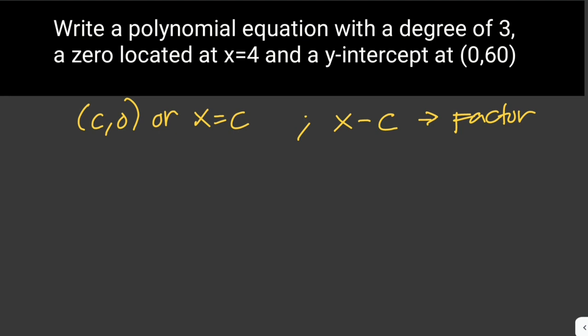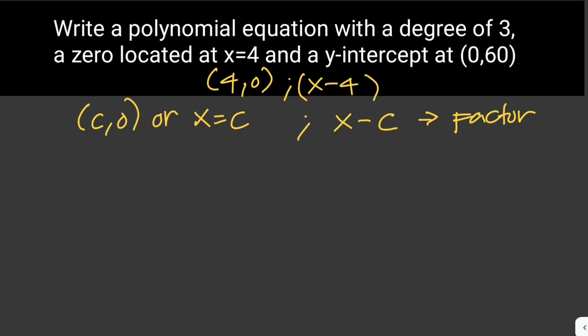Given that the equation is of degree 3, there are 3 factors. And one zero is given here at (4, 0). It's x equals 4. This implies that x minus 4 is one of the factors.